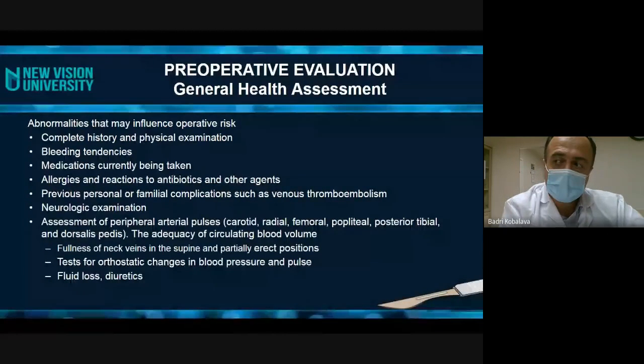Recently, about 45 days ago, I operated on a patient. He was a citizen of one of the West European countries.